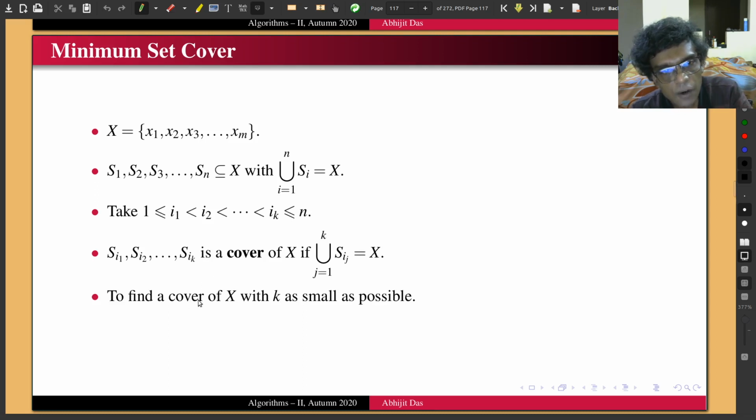So to find a cover such that this k, the number of subsets in the subcollection, is as small as possible.